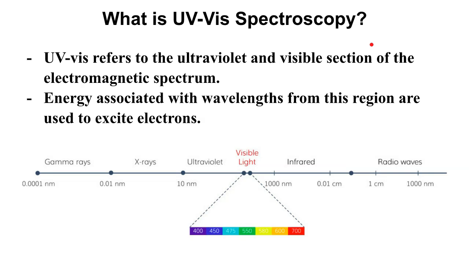Now, there are other types of energy along the spectrum that we have discussed in some of our other lectures. For instance, when we discussed IR spectroscopy, that's the infrared portion, and the IR has enough energy to vibrate bonds, but not to excite electrons into different orbitals. Microwaves have enough energy to rotate molecules, but not to actually excite the electrons.